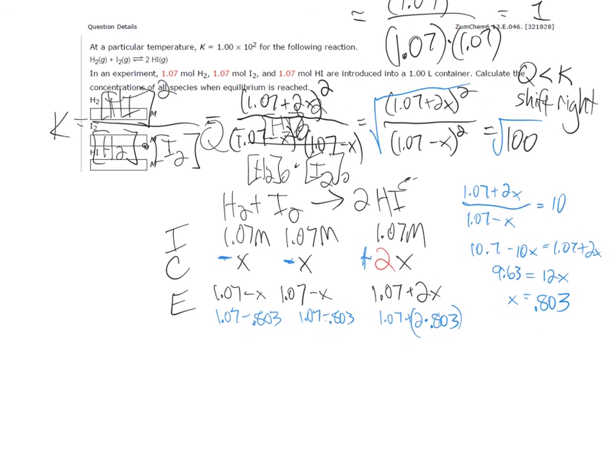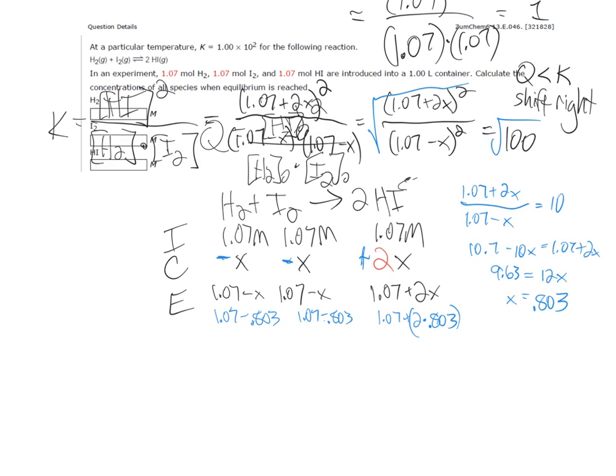If we wanted to get actual numerical values, when you subtract, the concentration of hydrogen works out to be 0.267 molar. Same thing for the iodine concentration, 0.267. And let's see, 1.07 plus 2 times 0.803 would be 1.606.